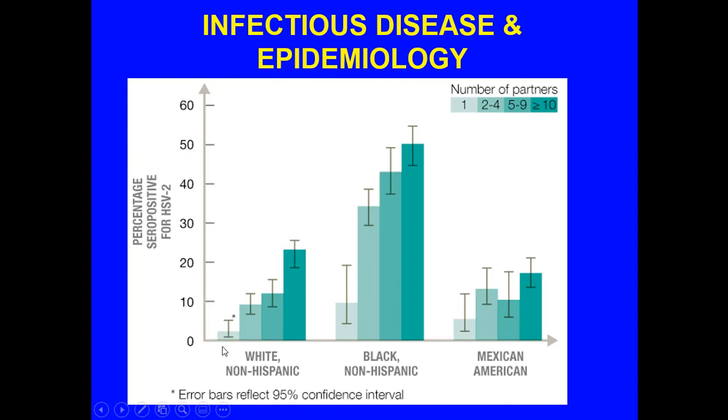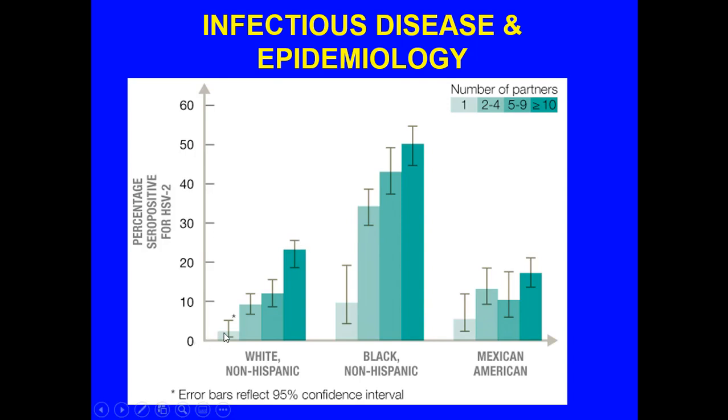Here, we have an unusual test, and this is the percentage of seropositive for herpes simplex virus number 2. Now, this is important, HSV2. What you see are individuals, and they break them down to white, non-Hispanic, Mexican American, black, non-Hispanic. And notice that the bar going up and down here reflects about a 95% confidence interval.